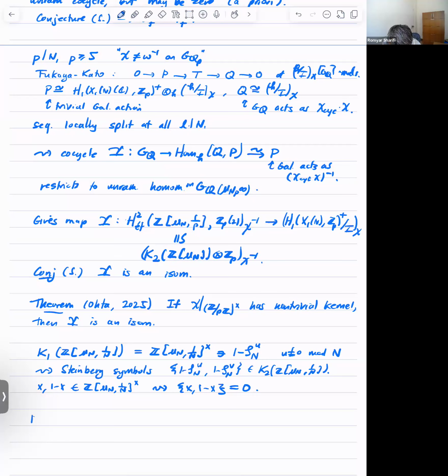So in 2007, maybe I'll write this theorem, Busuioc and I independently essentially constructed a map from the homology relative to the cusps.